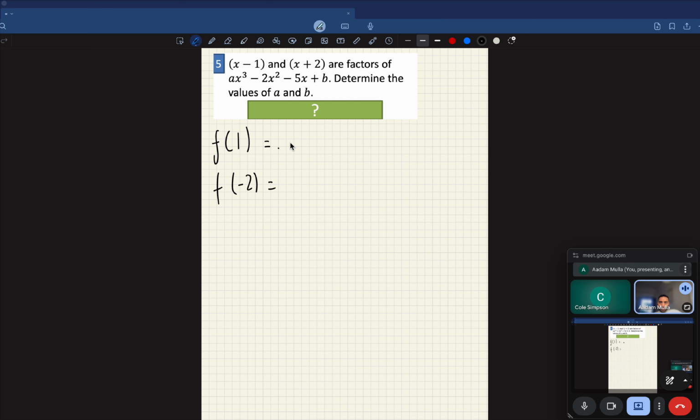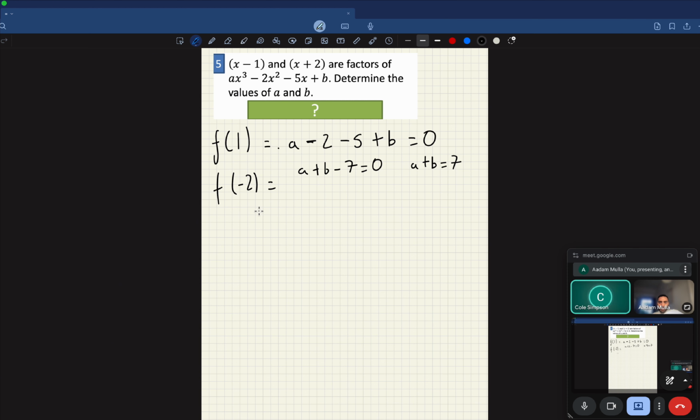So it'll be 1a, so a minus 1 minus 2. I've just wrote it like that to make it easier. I got a plus b equals 7.